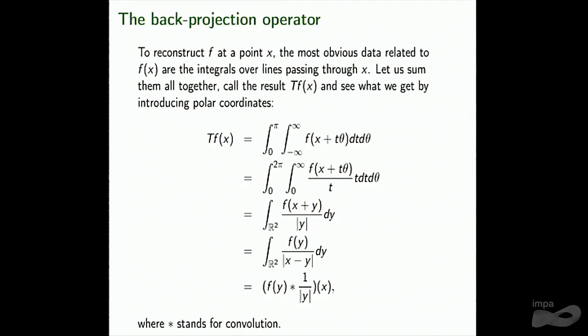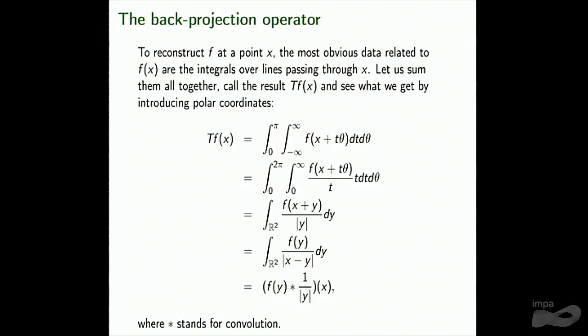So integrals of the function f on a line going through the point x, where t goes from -infinity to infinity. This is one of the integrals of f along a line that passes through x. And then let's integrate from 0 to pi with respect to this theta direction vector.